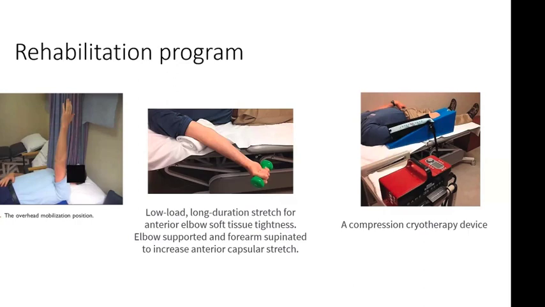This position has been demonstrated to maximize elbow stability by minimizing ulnohumeral distraction. Passive stretching can then be used to improve extension. Finally, cryotherapy may decrease pain and secondary inflammatory response.